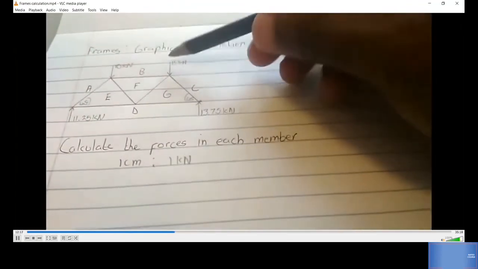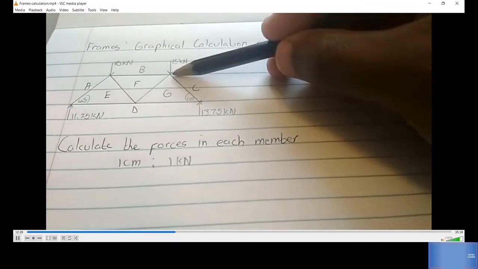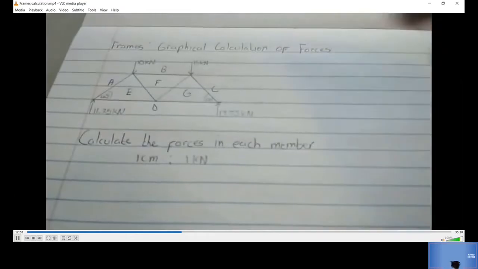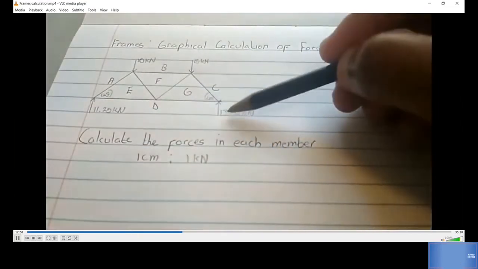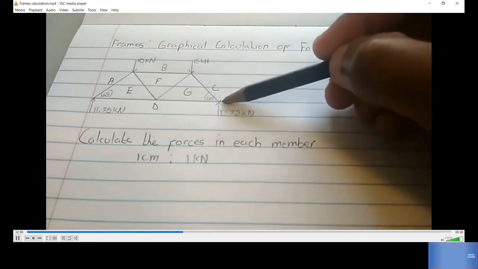Going back to our diagram, from B to C, we have 15 kilonewtons going down. So we go back there. That means that from B, we move down 15 kilonewtons, and it ends there. So that's going to be our C. Now if you go back to our frame, from C to D, 13.75, and it's going up.